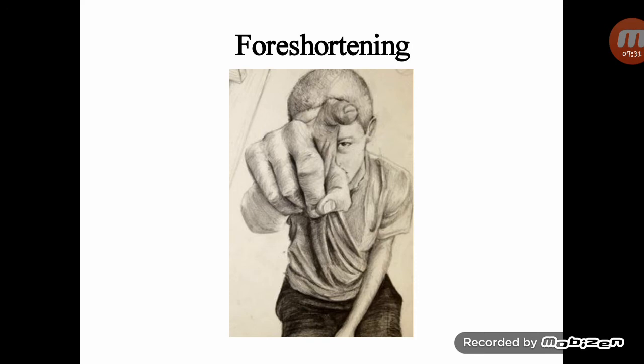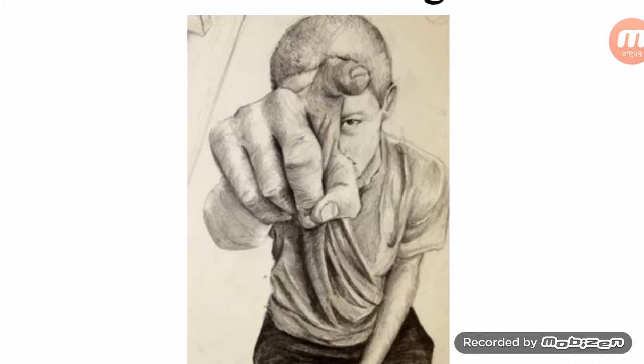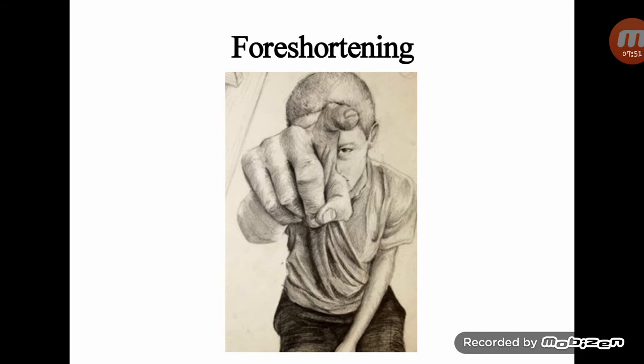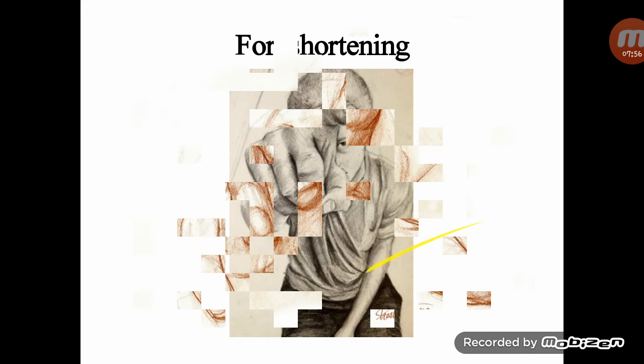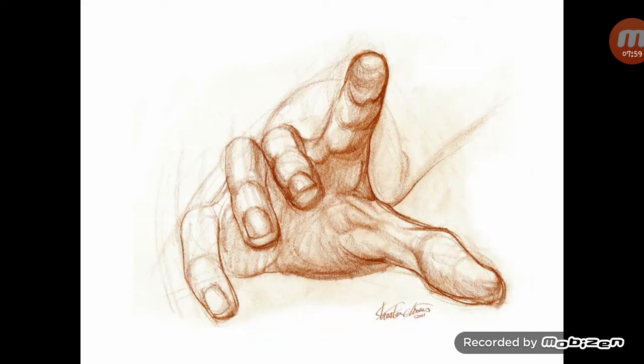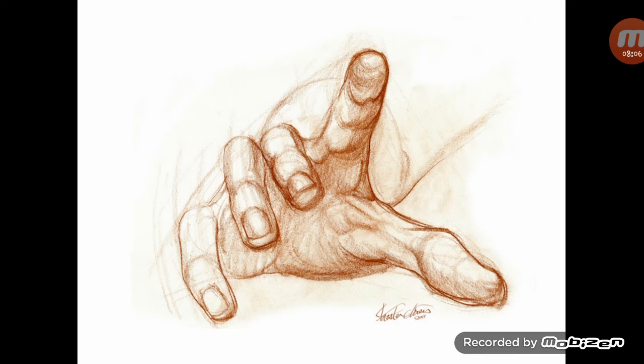Foreshortening occurs when an object appears compressed when seen from a particular viewpoint, and the effect of perspective causes distortion. You can see the foreshortening of the hand.